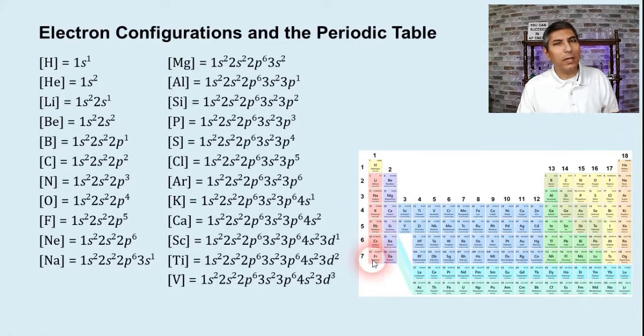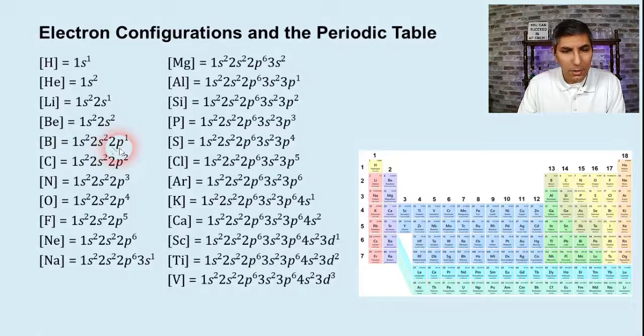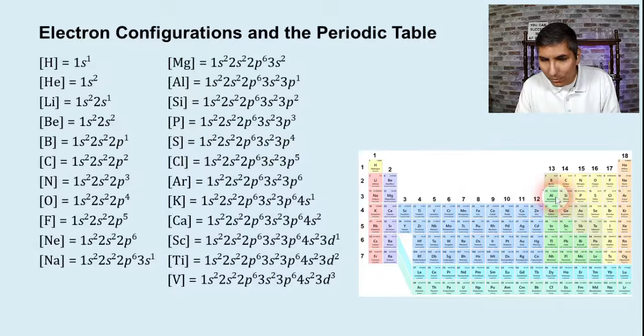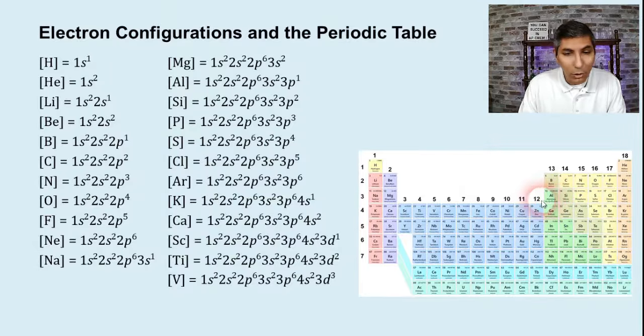Now let's see if we can find any other patterns on the periodic table. You might notice that if we take a look at boron, over here, kind of toward the right side of the periodic table in group 13, take a look at what boron's electron configuration ends with. It ends with 2p1. Now, look right underneath boron. We have aluminum. And aluminum's configuration ends with 3p1.